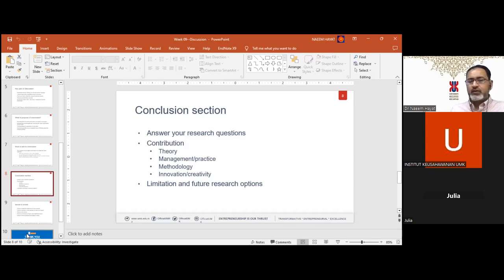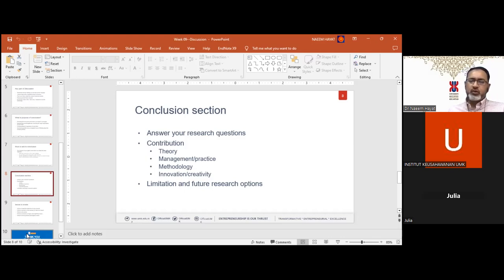And one last thing that we need to add in the conclusion section is limitation and future research option. It's my advice, and I do it in every paper, that we must have 3 to 5 limitations, because we need to understand that in social science, whatever we are doing has its limitations or biases.